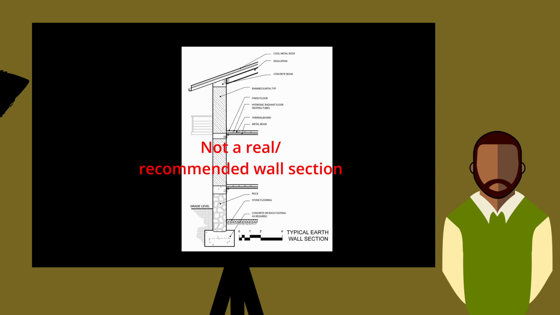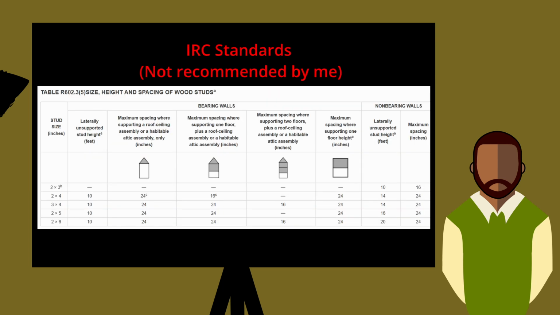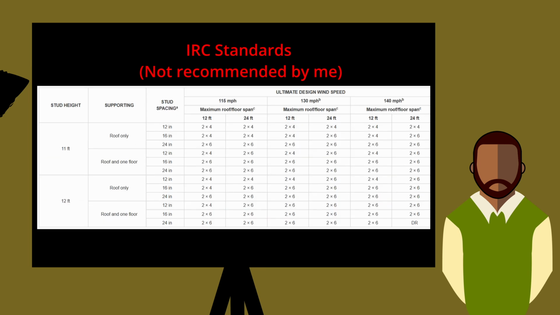But in terms of the framing itself, these are things that are decided based on the ceiling height, right? And this right here is an IRC chart, right? I'll be honest with you guys, I'm more restrictive in a lot of cases than the IRC, because I've played with some of these numbers and they don't quite make sense to me.